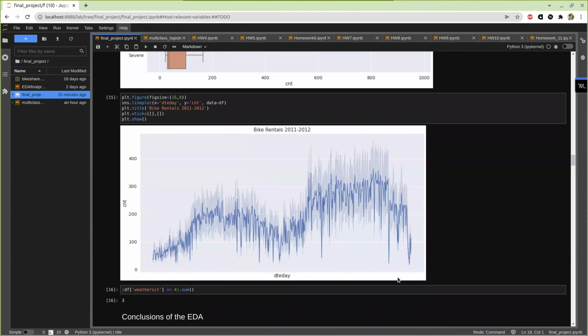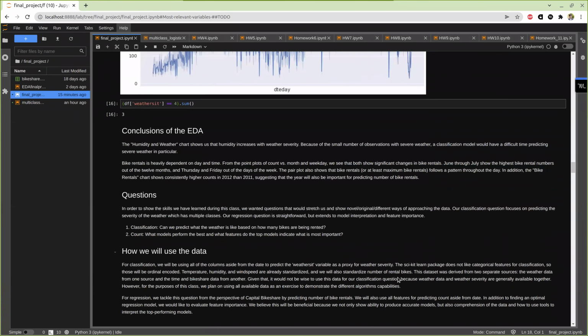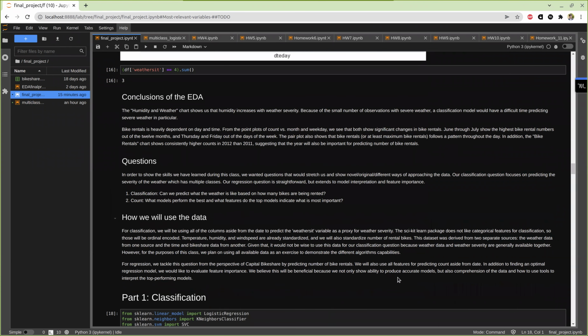And just to visualize bike rentals across the entire data set, we have this last chart here. And so our main takeaways from this were that we were most interested in weather situation and bike rentals.